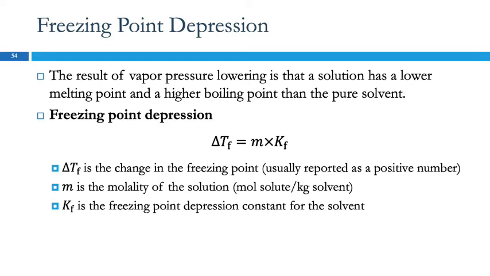I guess they didn't want to deal with the negative in the equation. There it is, I'm sorry. It's equal to the molality of the solution times a constant, the freezing point depression constant. Very clever name. We use molality here because we are looking at solutions at different temperatures, right? And so we need that concentration to stay the same.